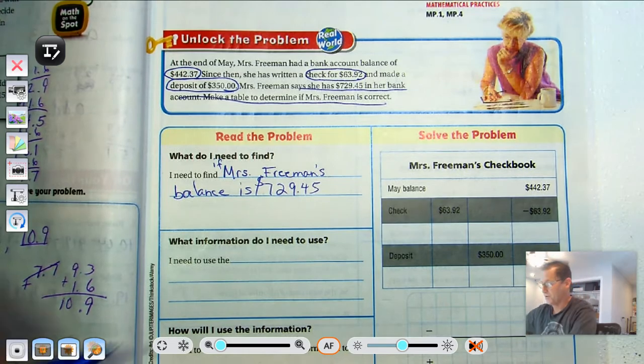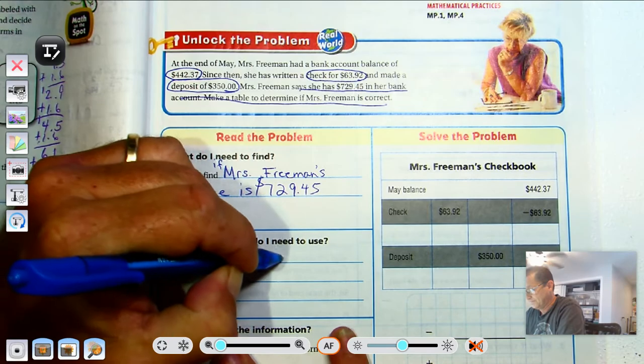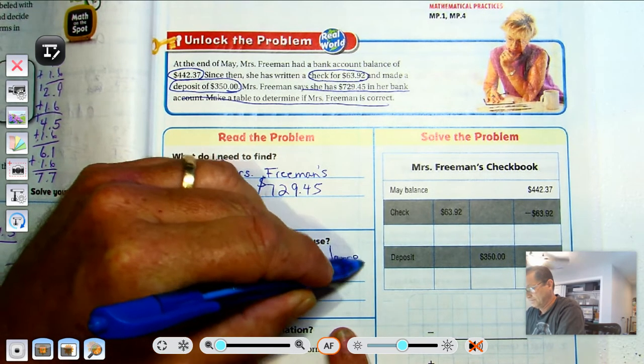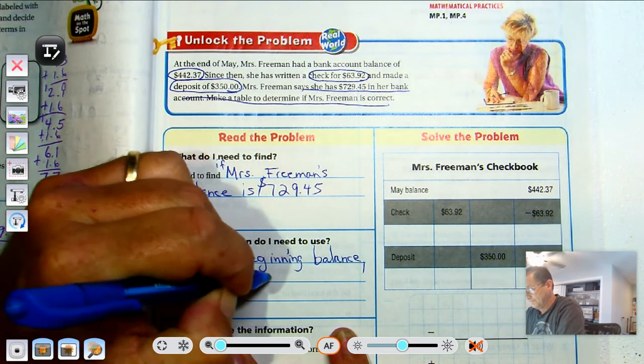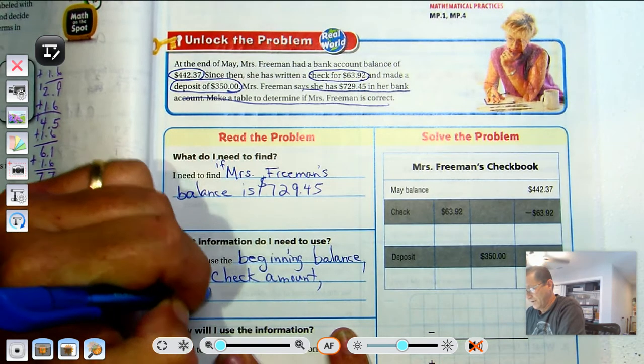What information do you need to use? You need the beginning balance, the check amount, and the deposit amount.